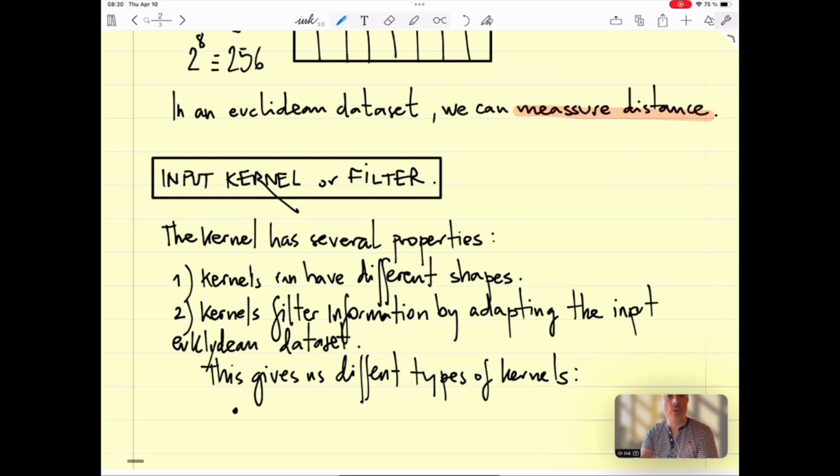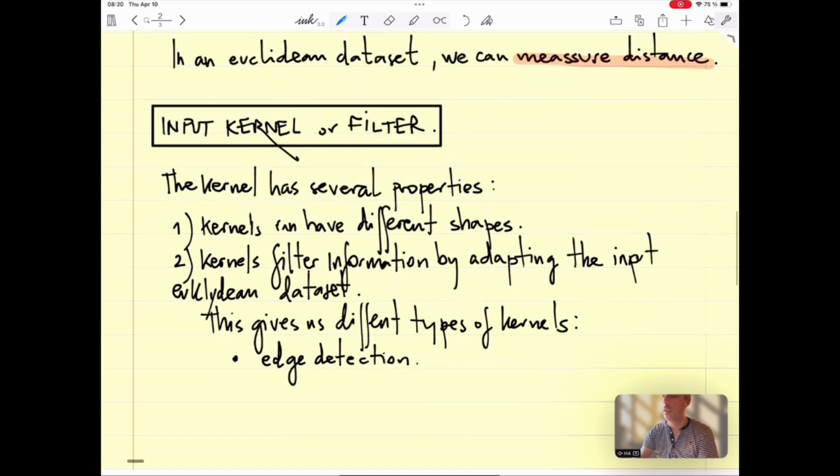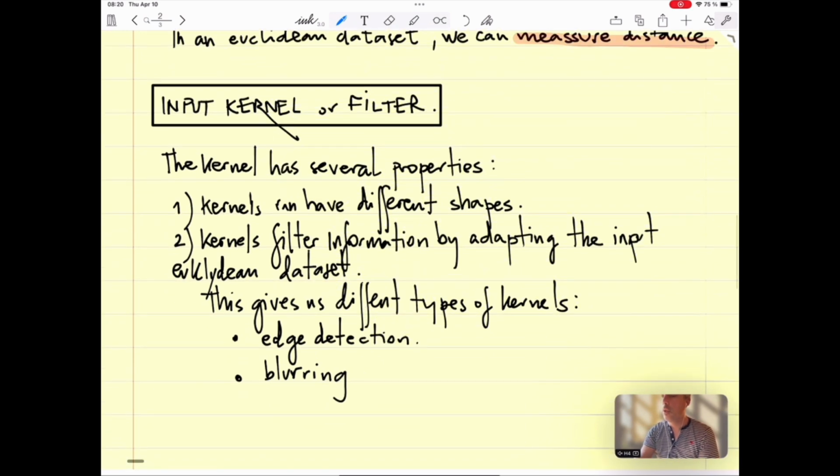You can use kernels for edge detection, like the one we have used in the example above. We can use kernels for blurring, to make an image non-recognizable. We can use kernels for sharpening an image.